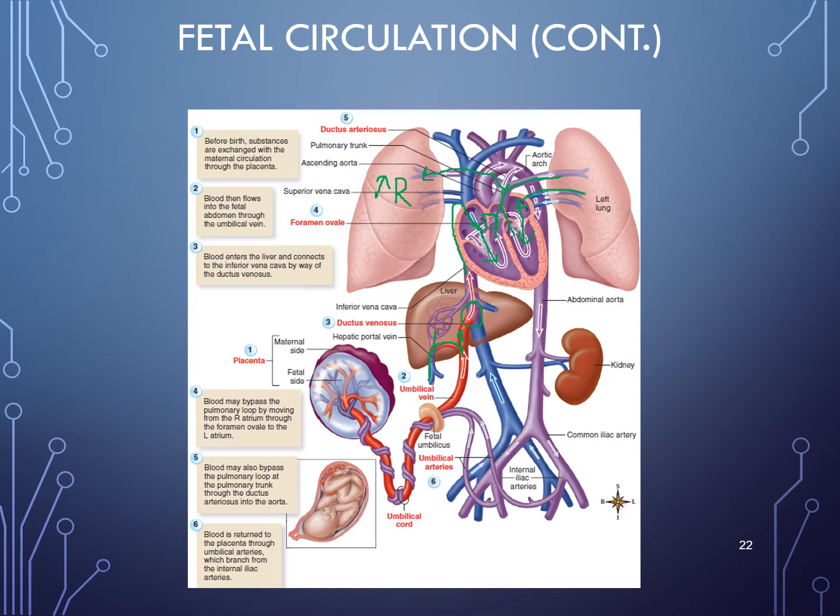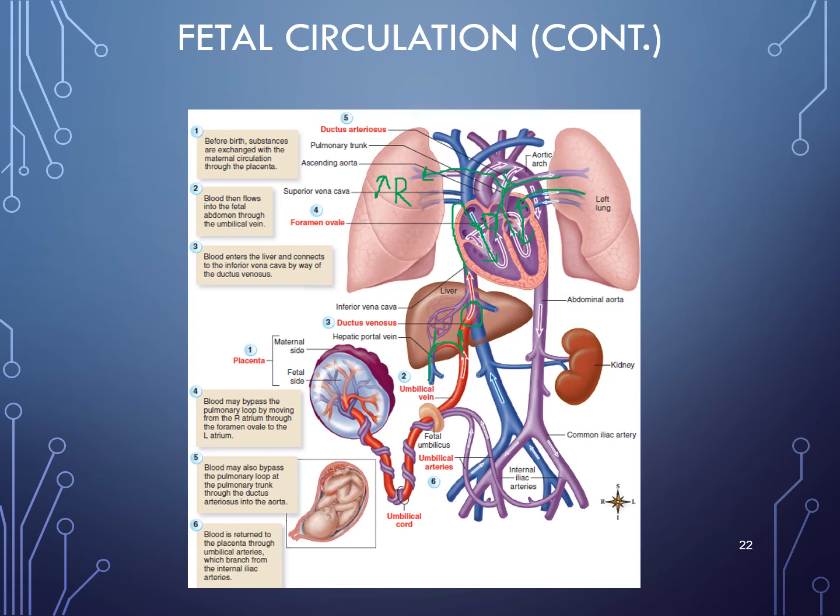And because there is so much pressure in this system here, and because of the resistance in the lungs, there's also going to be a lot of resistance or pressure in the pulmonary arteries. So our next little adaptation is going to be the ductus arteriosus.